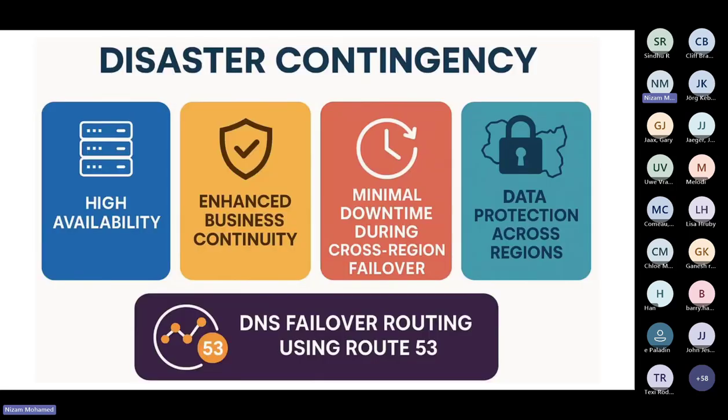But now coming to the disaster recovery part. All those are standard operations. But coming to disaster recovery, depending on how critical the architecture practice is, it's really important to have proper DR set up to ensure high availability, business continuity and minimum downtime during cross-region failovers.